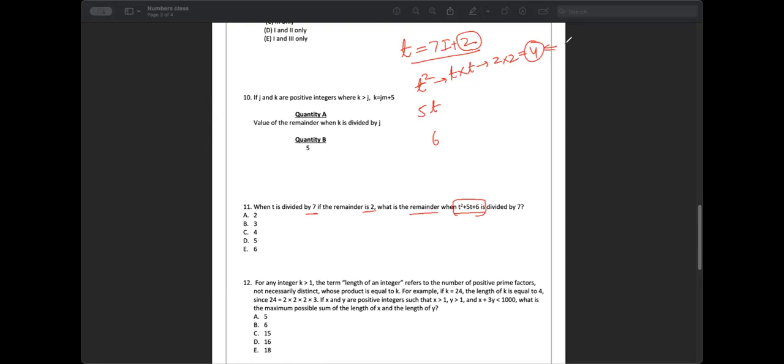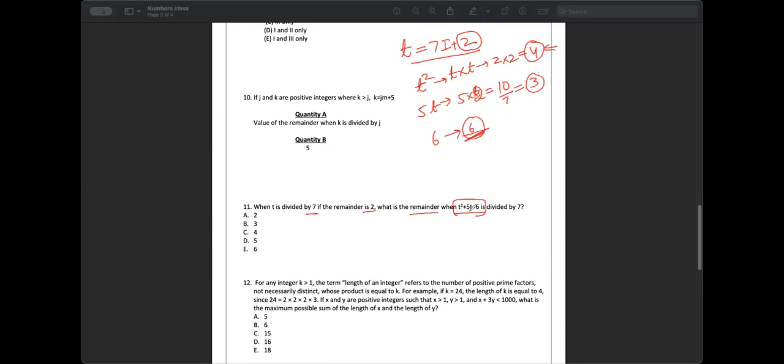t into t divided by 7, we can multiply the individual remainders. No problem. 5t, 5 into t. 5 divided by 7, remainder is 5. t divided by 7, remainder is 2. So it'll be 10. You divide it once more by 7, it'll be 3. So 5t divided by 7, remainder would be 3. 6 divided by 7, remainder is 6. If the number is smaller than the divisor itself, the remainder is the number itself.